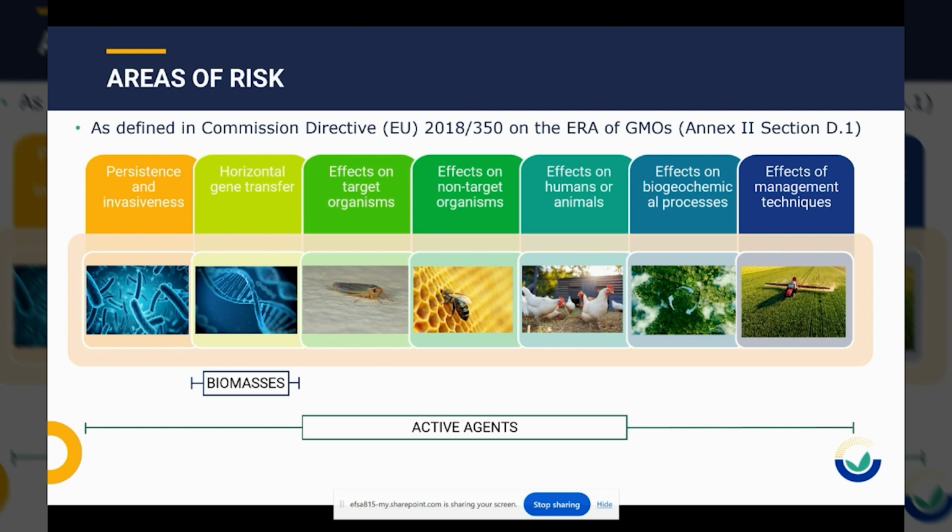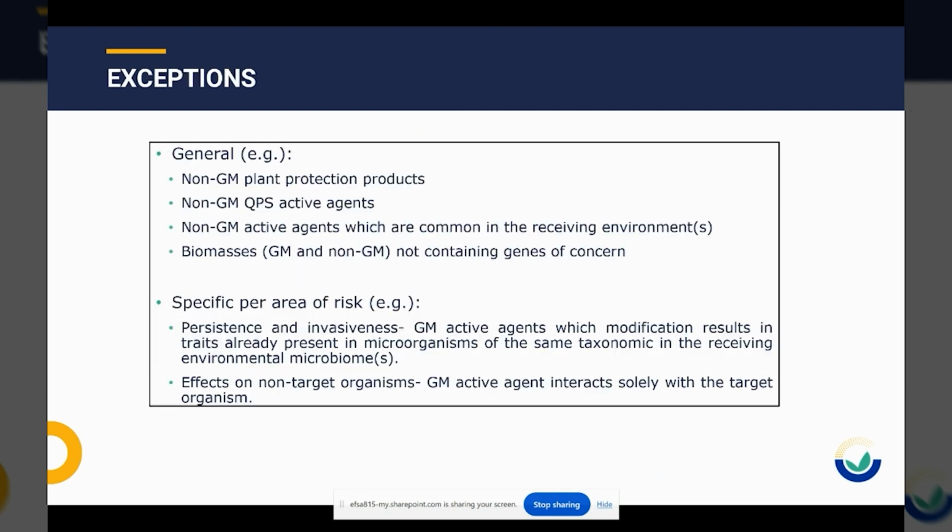For biomasses, only horizontal gene transfer applies, whereas for active agents, all of them apply, which are persistence and invasiveness, horizontal gene transfer, effects on target and non-target organisms, effects on humans and animals, effects on biogeochemical processes, and effects of management techniques. The guidance establishes a series of exceptions and defines the cases in which environmental risk assessment does not need to be done in the whole or part of it.